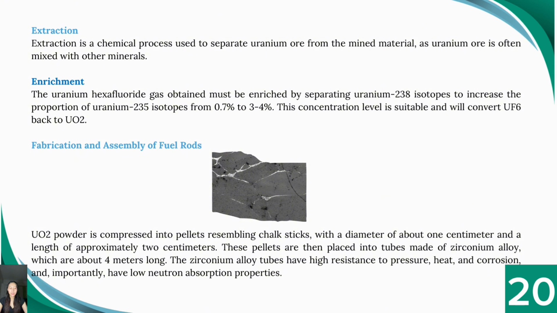These pellets are then placed into tubes made of zirconium alloy, which are about 4 meters long. The zirconium alloy tubes have high resistance to pressure, heat, and corrosion, and importantly have a low neutron absorption property.